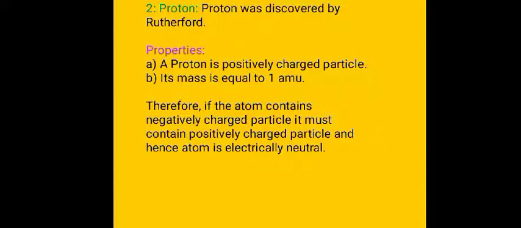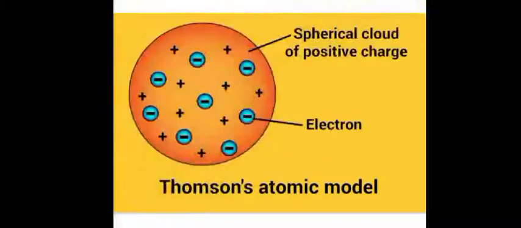Now the electron is negatively charged and the proton is positively charged, and both are present in an atom, so they balance each other, minus and plus. So we say that the atom is electrically neutral. Now Thomson's atomic model. He proposed a model for the inner structure of the atom to explain the arrangement of protons and electrons in it.